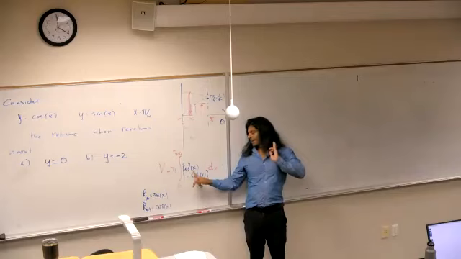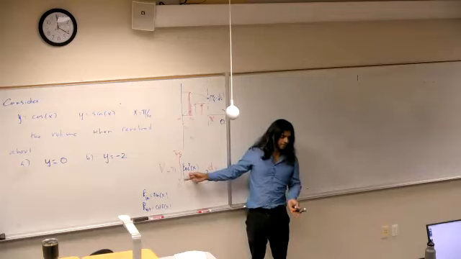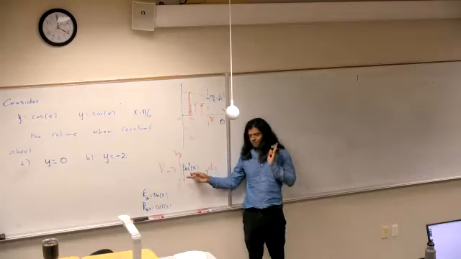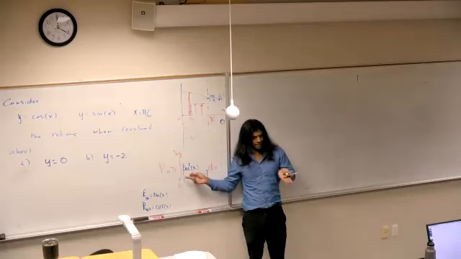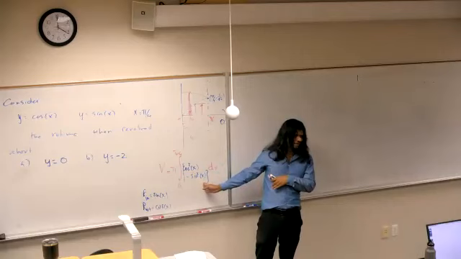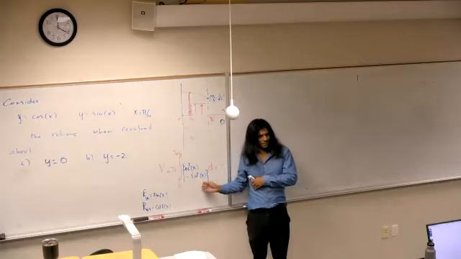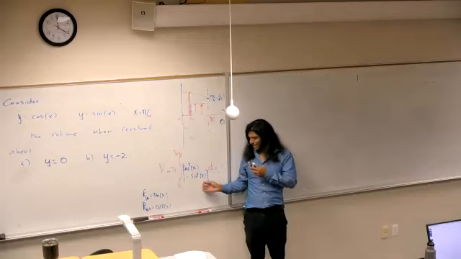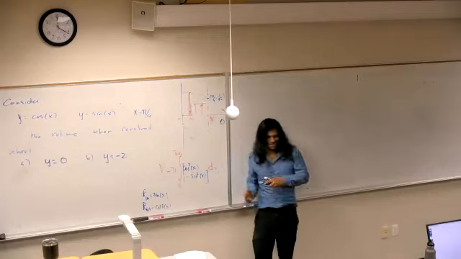Carter took cosine squared x, wrote it as 1 plus cosine 2x divided by 2, yes? And this as 1 minus cosine 2x divided by 2. I think so, yeah. But that's not necessary.